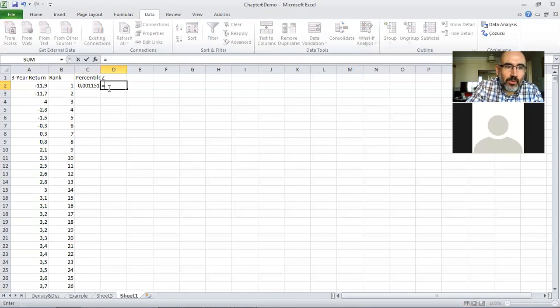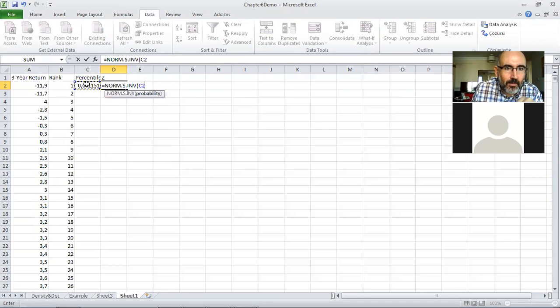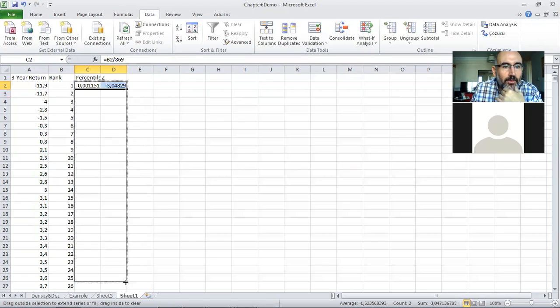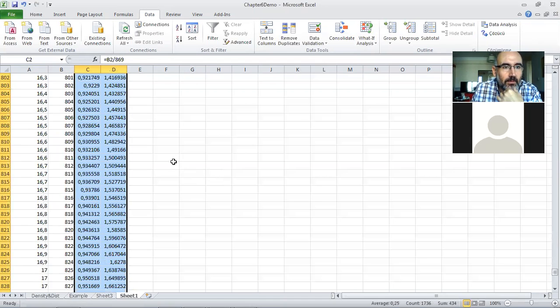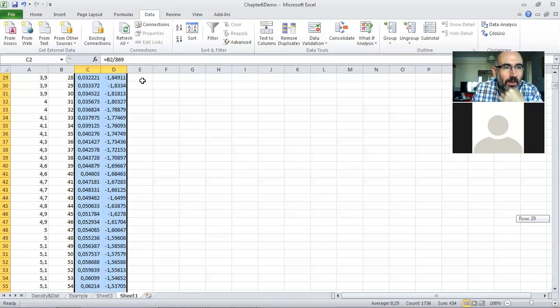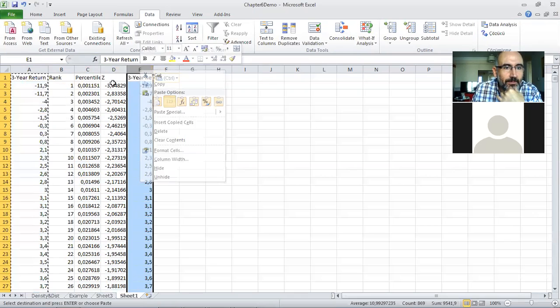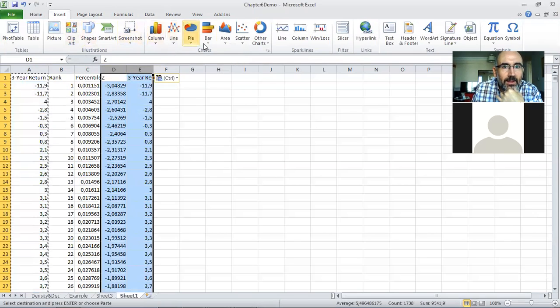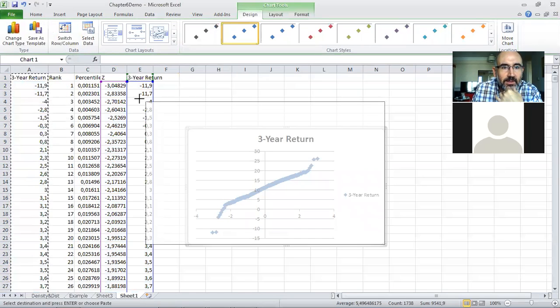And let me just do the norm inverse. Let me paste them both together at the same time, and get the 3-year return one more time to here, and just use my scatter plot.